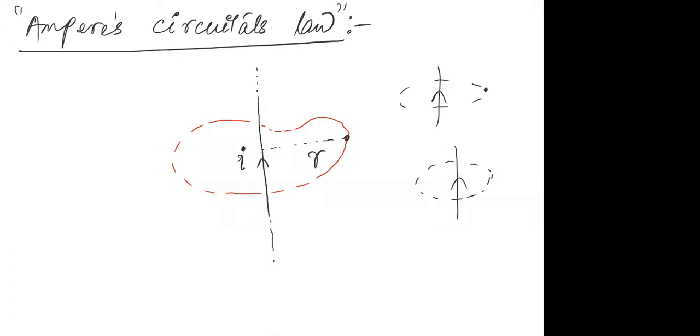The direction of that magnetic field can be either clockwise or anti-clockwise, depending on the direction of current in the wire. For instance, I have taken the direction of current upwards, so the direction of magnetic field will obviously be anti-clockwise. So how do we apply Ampere's law now?